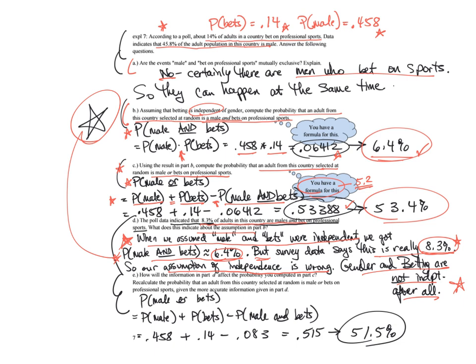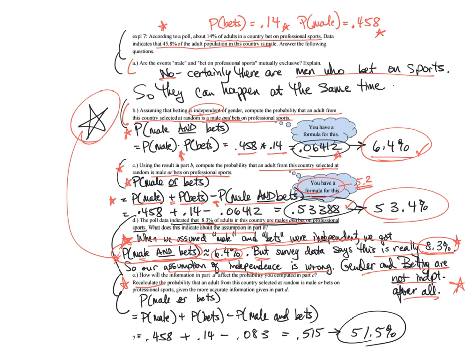We're saying if you can show that the probability of being male and bets is equal to the probability of male times the probability of bets, then you can say that the two events are independent. We can't show that here, though. These are not the same. Therefore, gender and betting are not independent. We're going to use that on letter E to recalculate the probability that we found in part C.